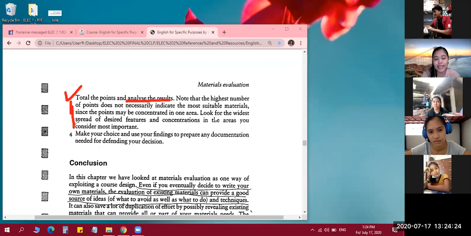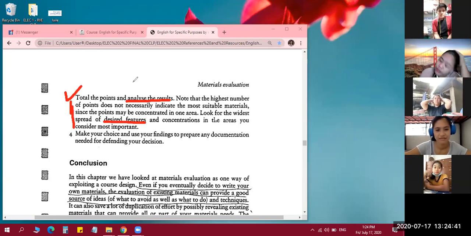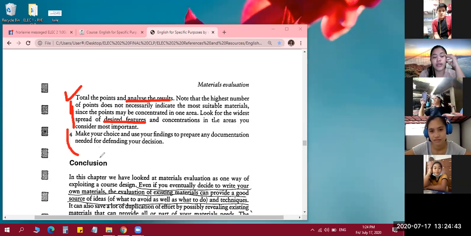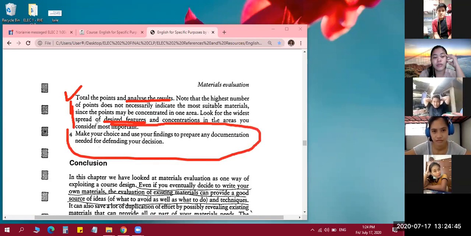So look for the widest spread of desired features and concentration. So after you compare the subjective analysis, which is A, and objective analysis, which is B, you now evaluate the result. Make your choice and use your findings to prepare any documentation needed for defending your decision.